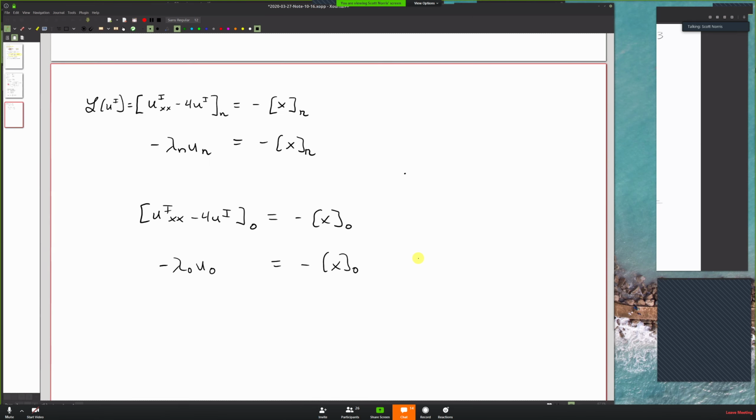Now in the past, when we have done this, we've said, uh-oh, if lambda naught is 0, then this term disappears, and that causes us a problem. But do we have a problem here? No, that's right, because it's 4.